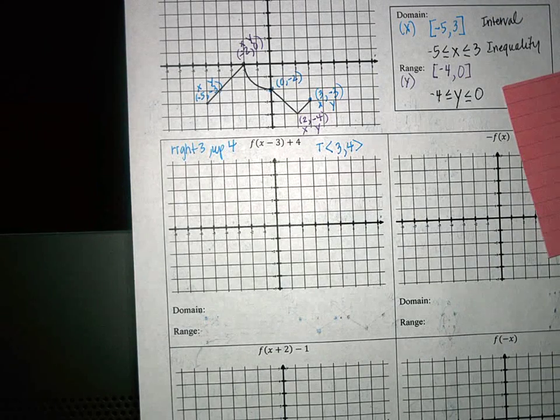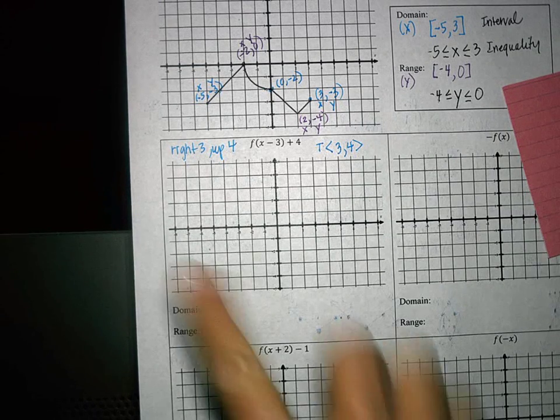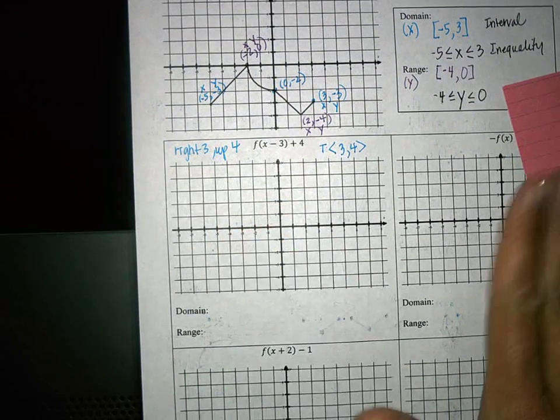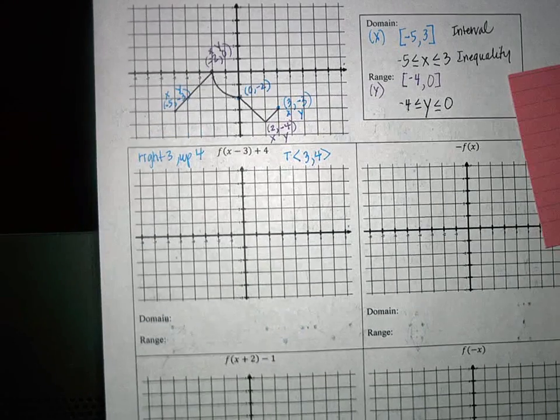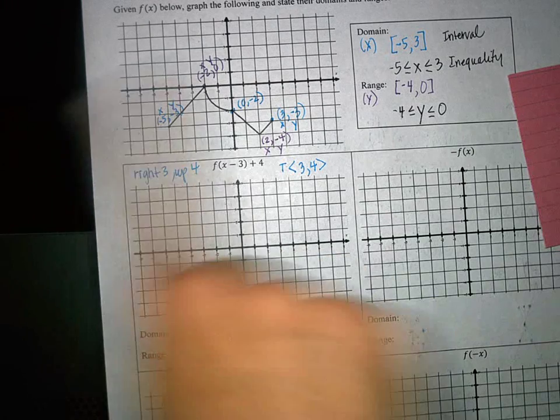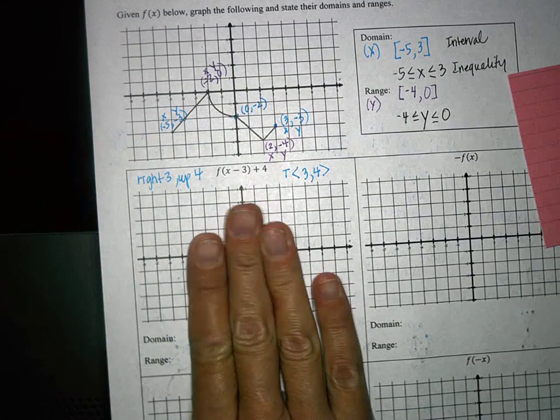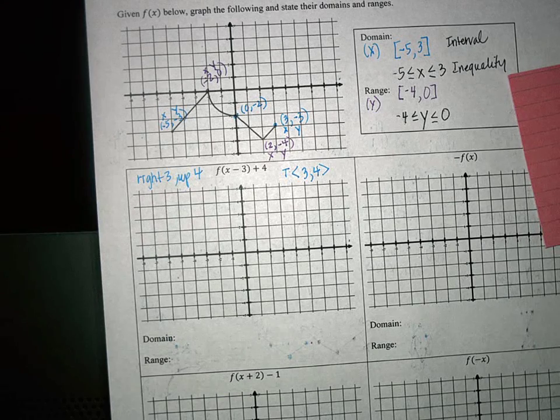In order to translate these best, put an x on this graph, and actually you're going to end up putting an x on each one of these 4 graphs when we translate it, an x for our original function, and then we're going to translate it. So we have the original function on here with our x's, and then we're going to move them. Do you guys understand what I'm asking you or no?